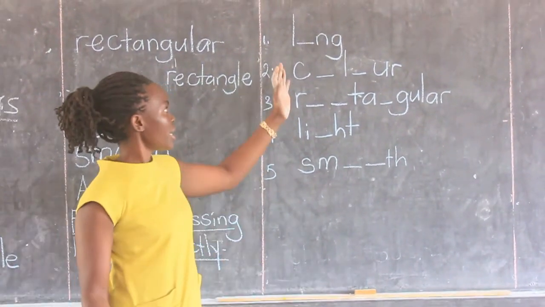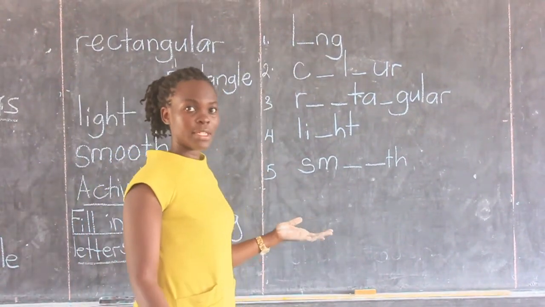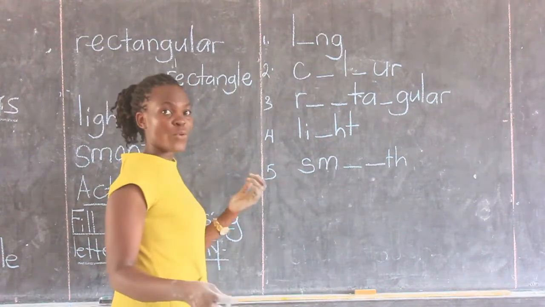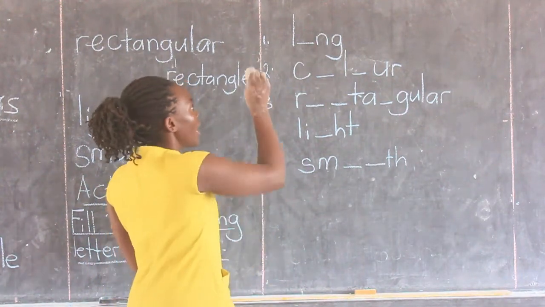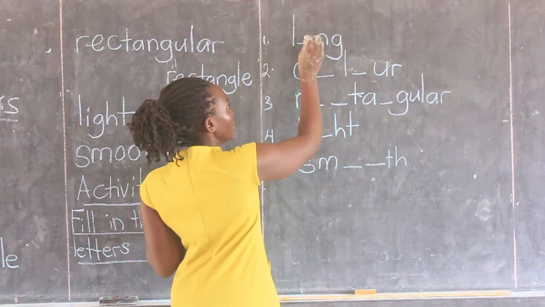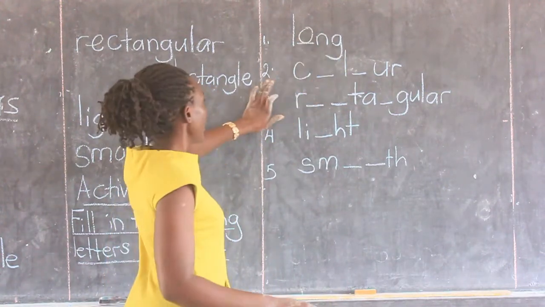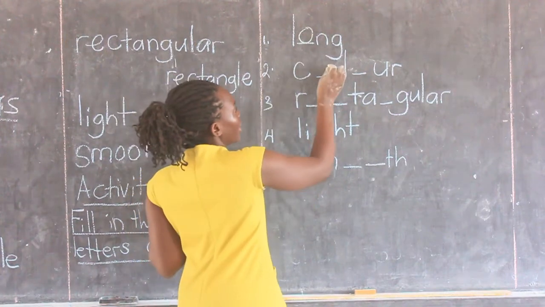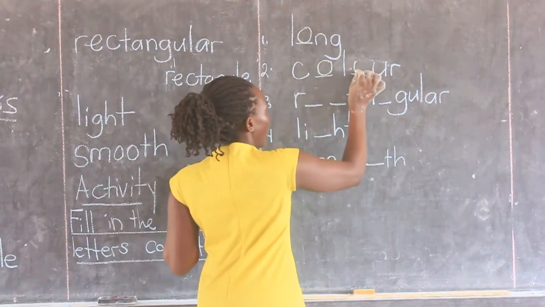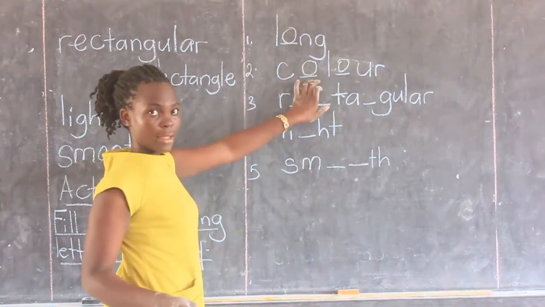So we have had a minute to do this simple activity. Now let us see if what we have answered is correct. Number one, letter O is missing to make it long. Number two, O is missing there, and another O to make it color.